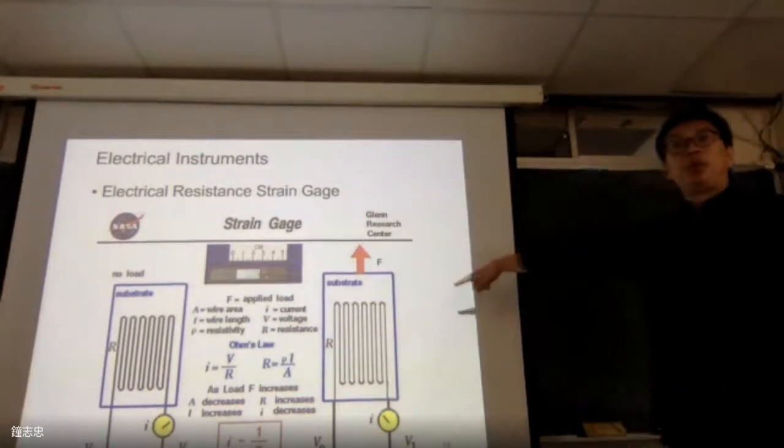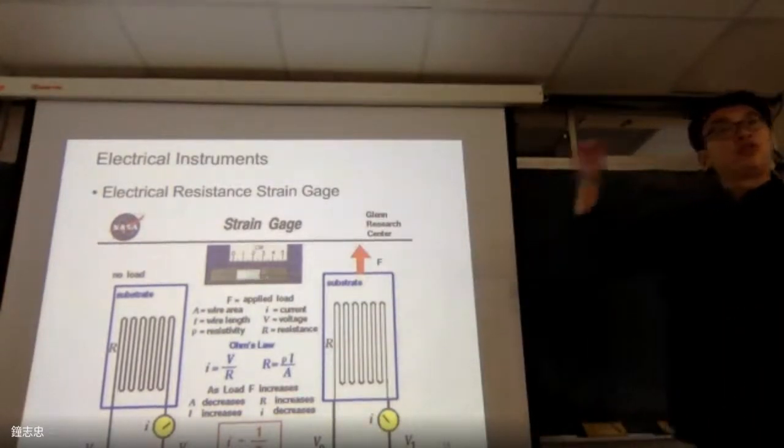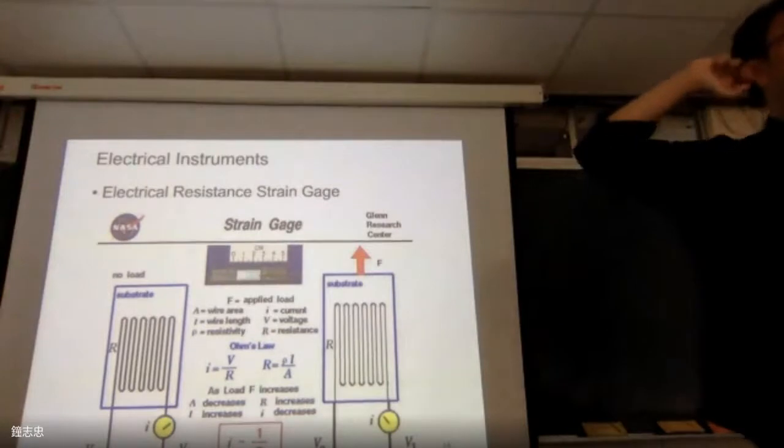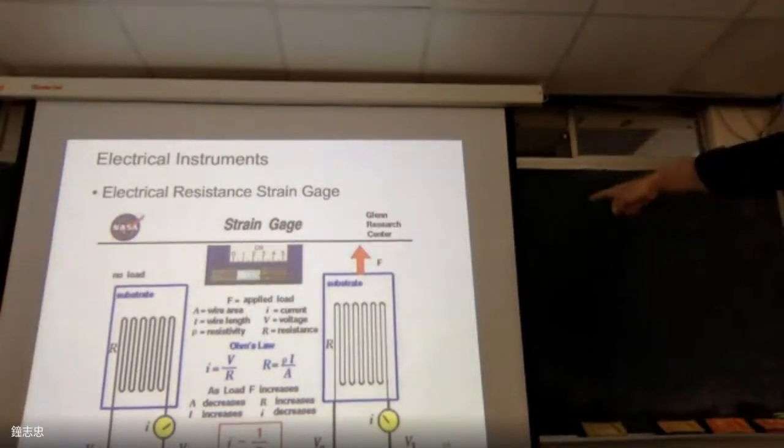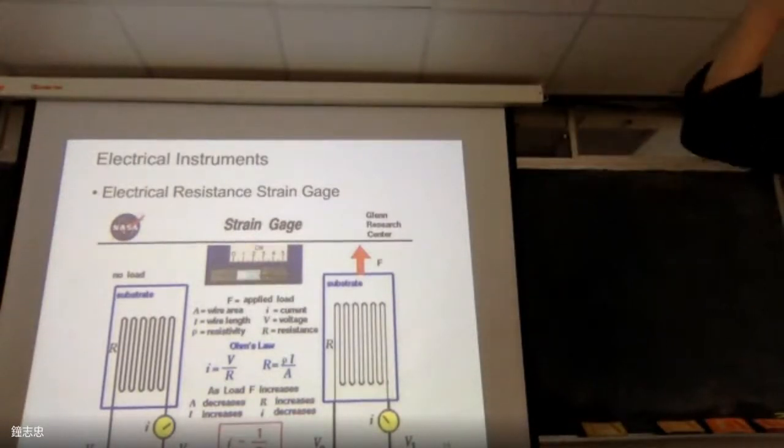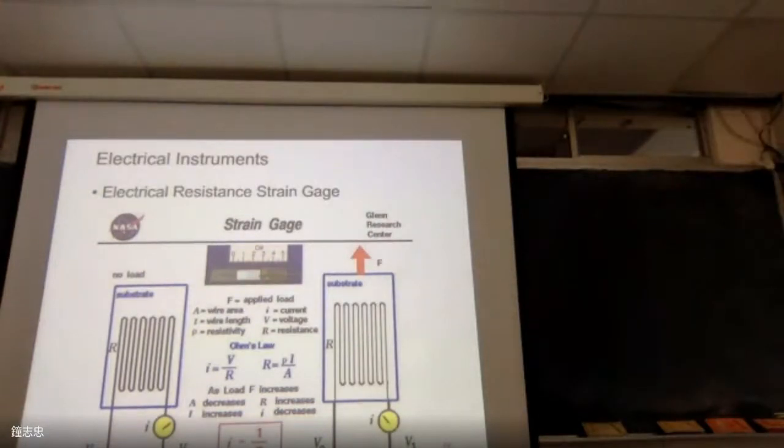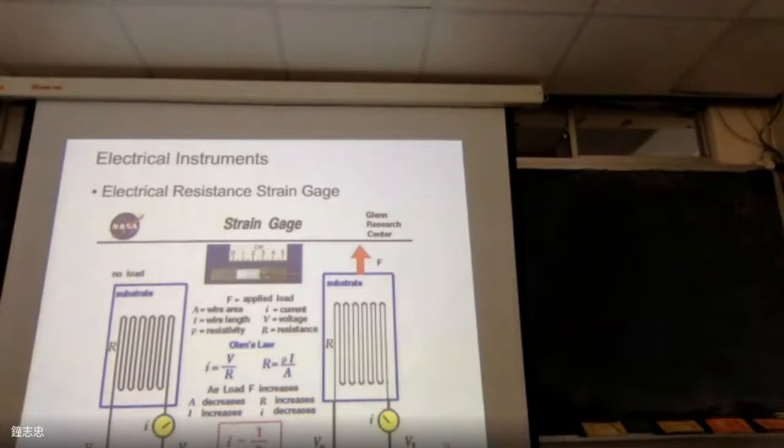So this is a problem. If you use a traditional electrical circuit with the strain gauge or the capacitance sensors, you may have this kind of problem, the low SNR, when you have to extend the cable.